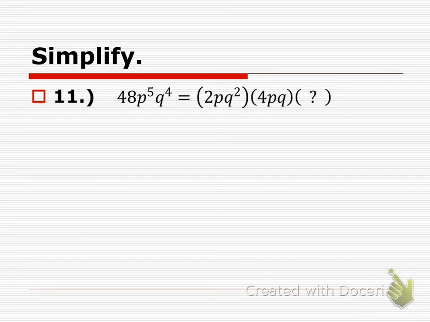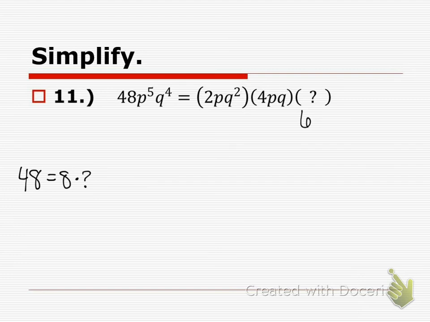So you should be thinking or asking yourself, 48 is equal to 8 times what? 8 times 6 is 48. So part of our question mark better be a 6. We all understand where I came up with that?